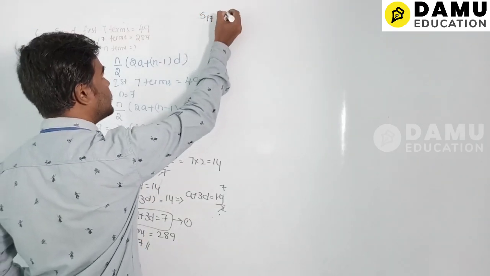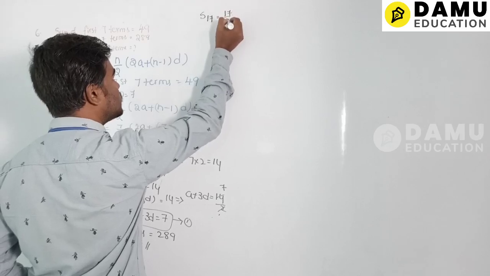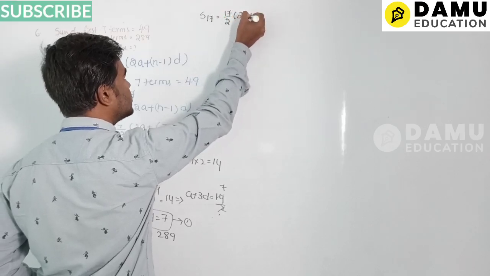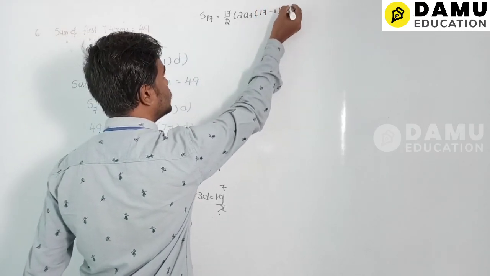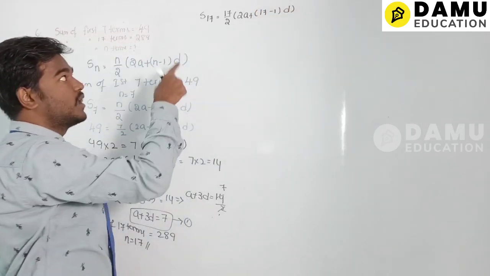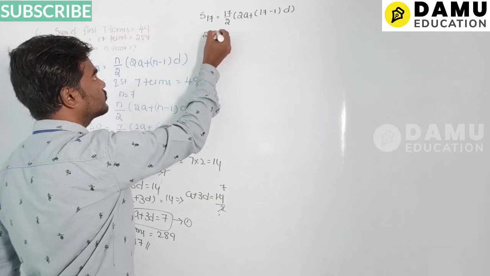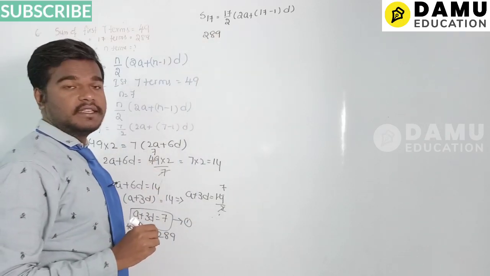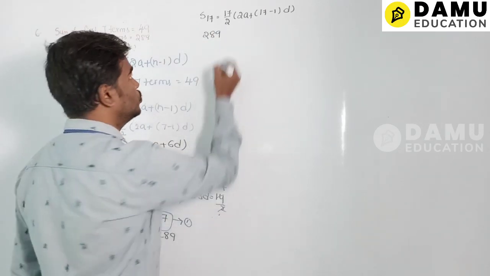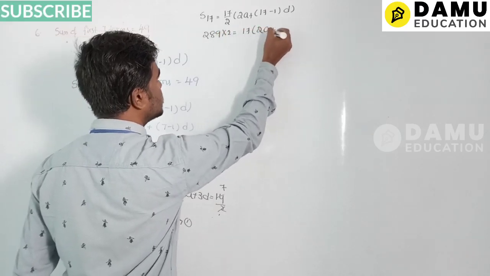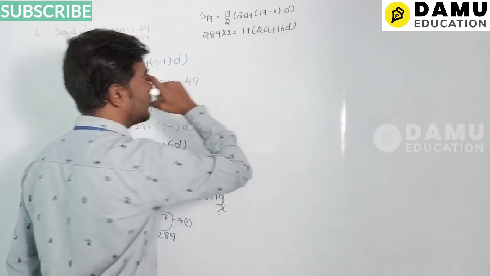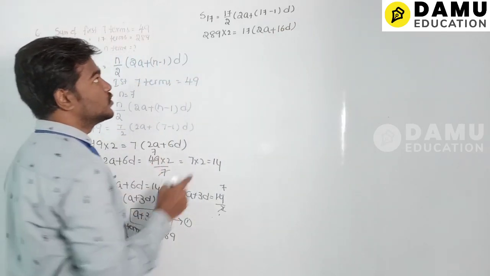So S17 will be equal to n by 2 into (2a plus (n minus 1) into d), that is 17 by 2 into (2a plus (17 minus 1) into d). So 289 into 2 will be equal to 17 into (2a plus 16d).